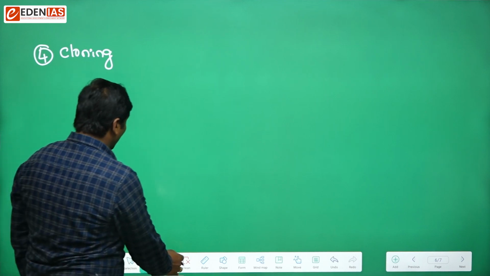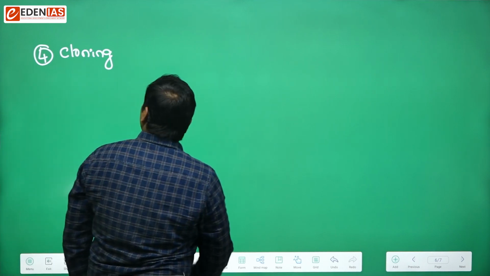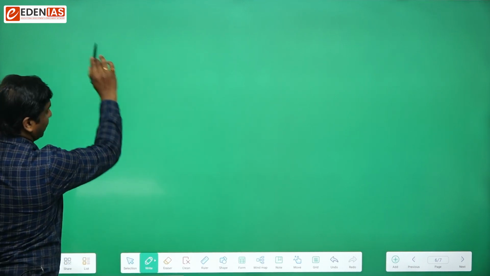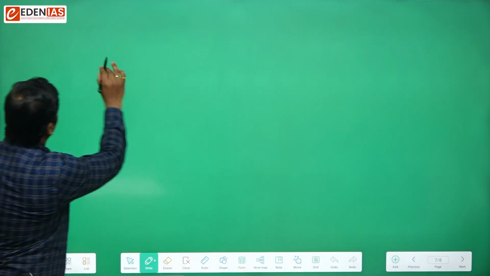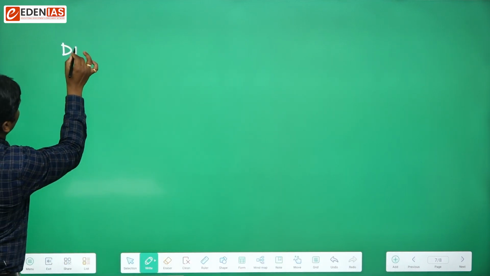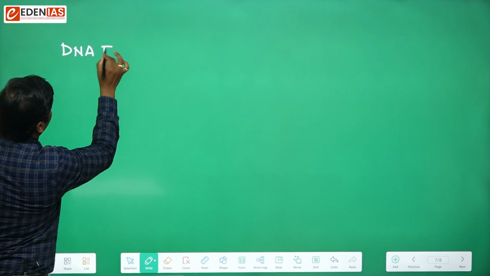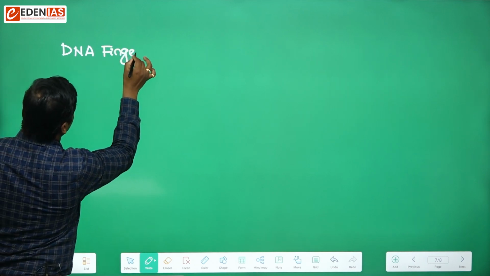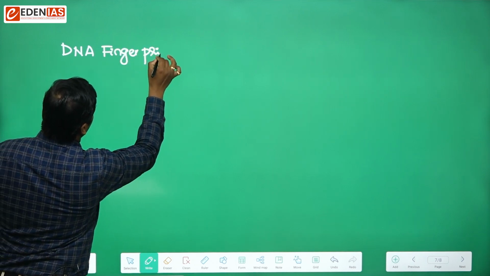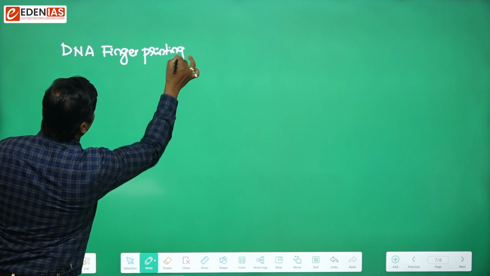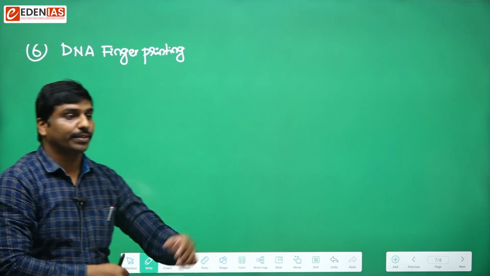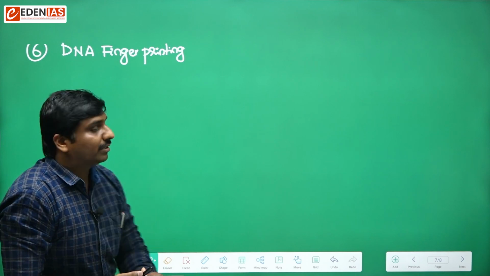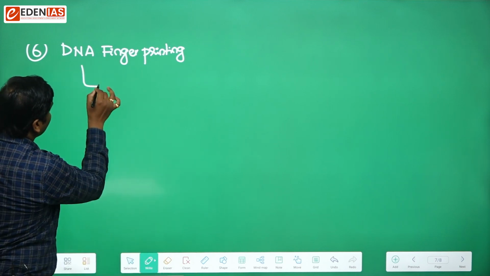So let's go for DNA fingerprinting. DNA fingerprinting is known by other names.